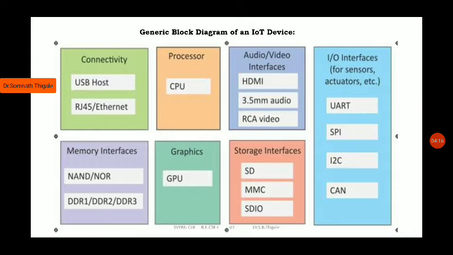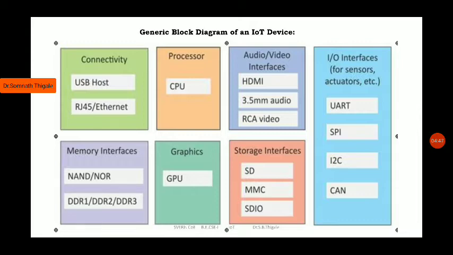Next is storage: SD, which is secure digital, and MMC, multimedia card, which we normally call a memory card. These are the different types of media cards. Then we have DDR, double data rate type of RAM, which we basically use. Just remember this.